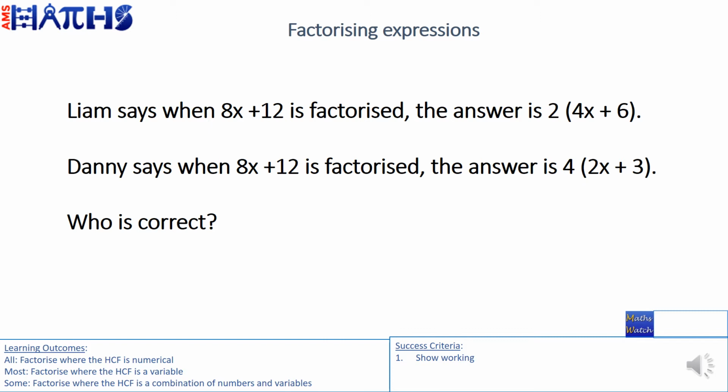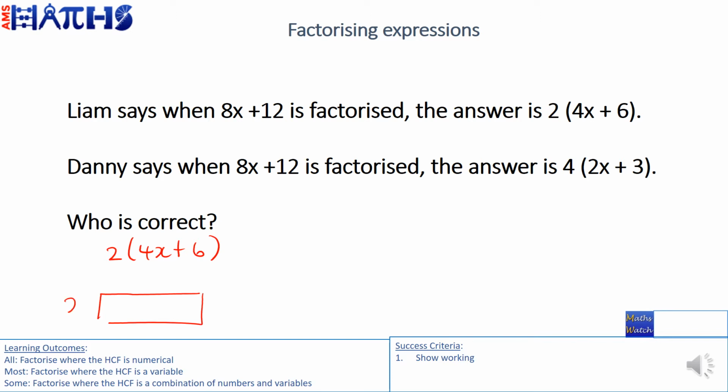Now what I'm going to do is I'm going to go from Liam's answer, where we have 2 open bracket 4x plus 6, and we are going to expand as we would have done in our previous lesson.